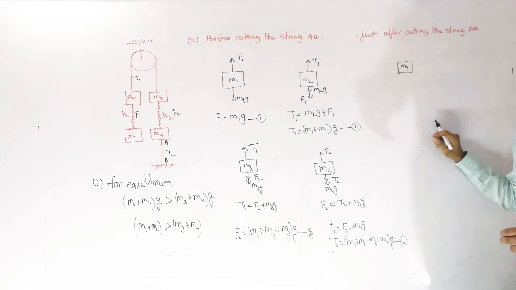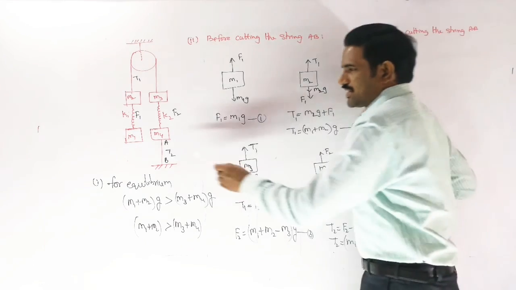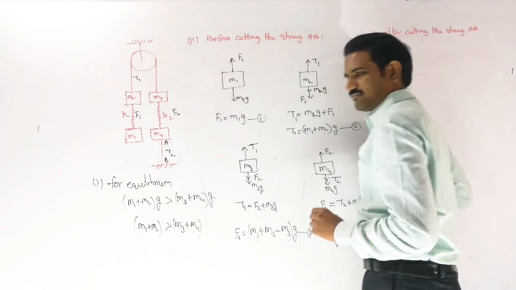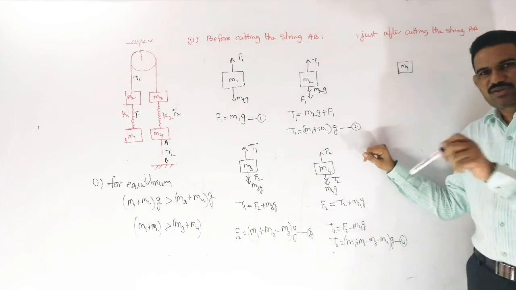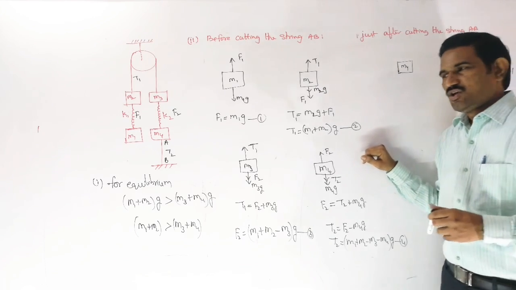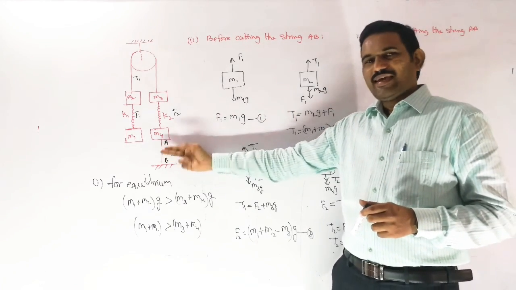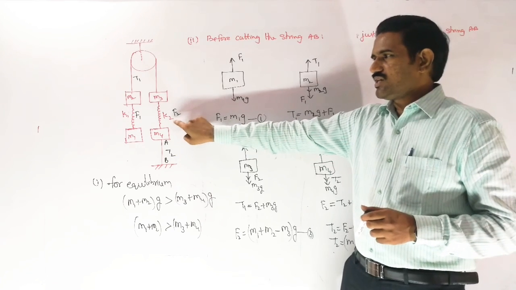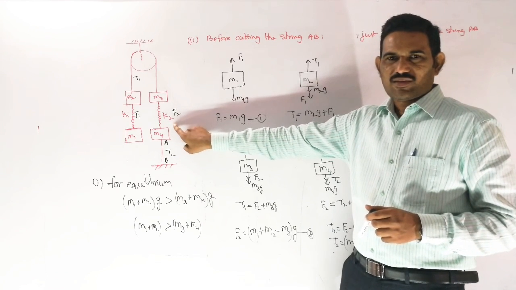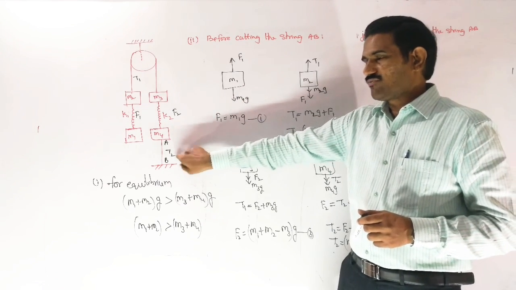So here we need to mention: just after cutting this string AB, is there any change in this spring force? That is the property we are actually discussing here. If we cut this string, immediately there is no change in the spring force, but the tension in this string will become 0.